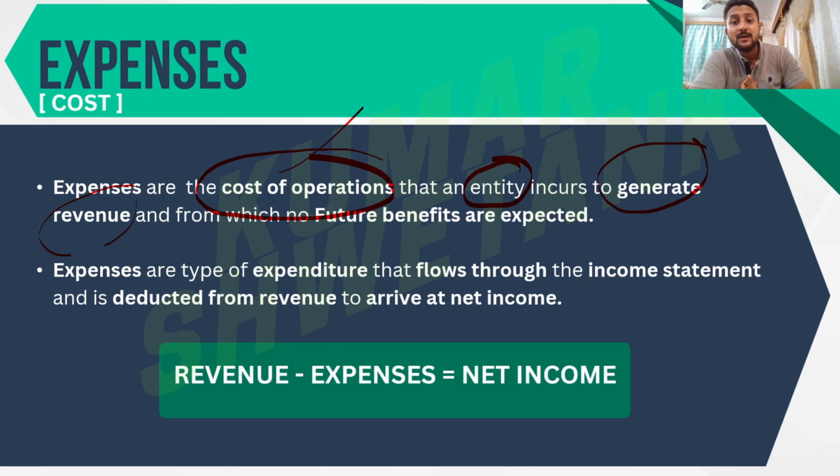It means if the college is paying me the salary, this salary is paid to me for my services. From this salary they can't expect some other future benefits. I have already given them this service. So how are they going to generate this revenue?